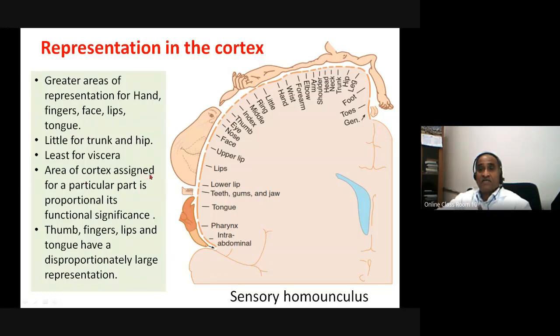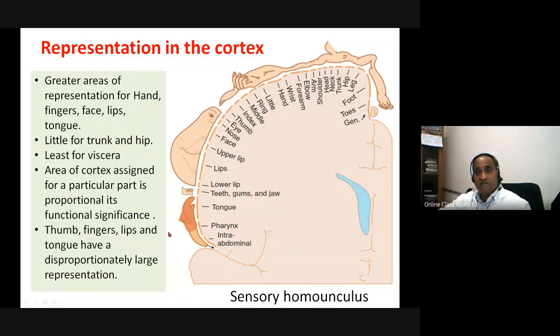Area of the cortex assigned for a particular part is proportional to its functional significance. That is what. So that means the greater the function, the greater the representation in the cortex. If there is no function, the less. So for example, here, the trunk, or the knee, or the buttocks, you have a very little representation.